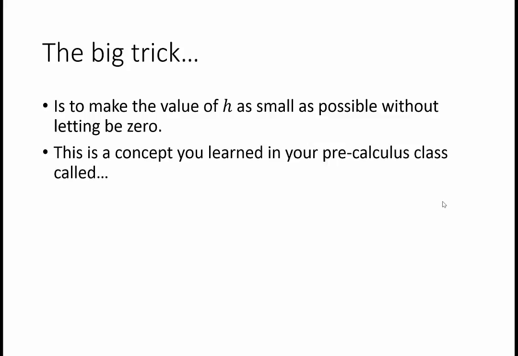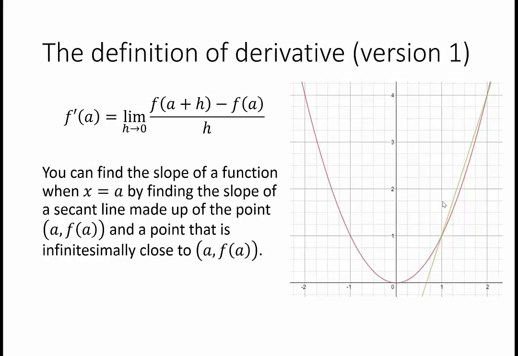Okay, and this is a concept that you've already learned, and that concept is called limits. So here's what we're going to do. We're going to define this idea that I can find a derivative, a slope, a tangent line slope, by saying that I'm going to take a fixed point, we'll call it a generally, and we'll have some other point, and we're going to say we've gotten bigger by an amount h.